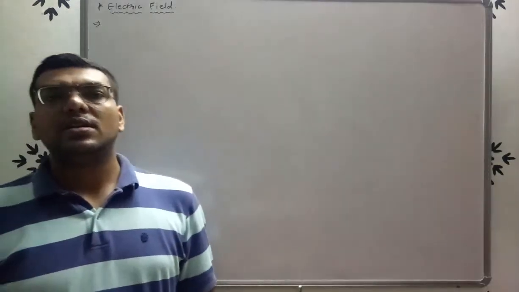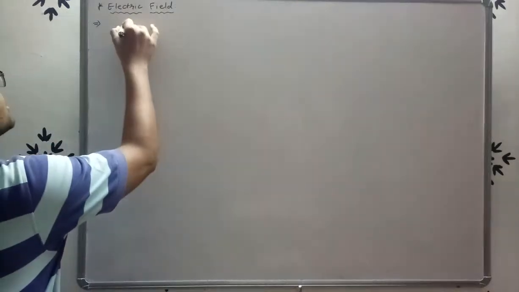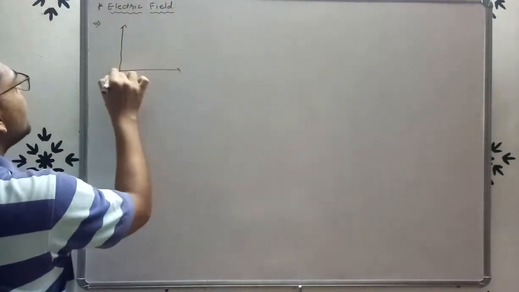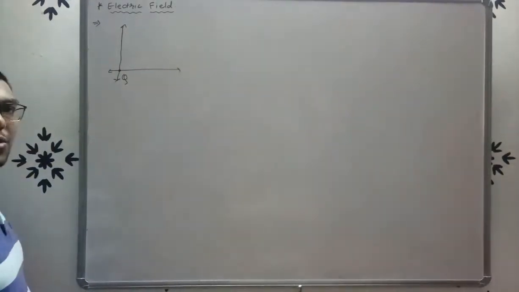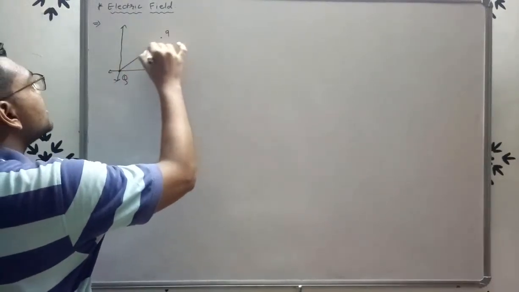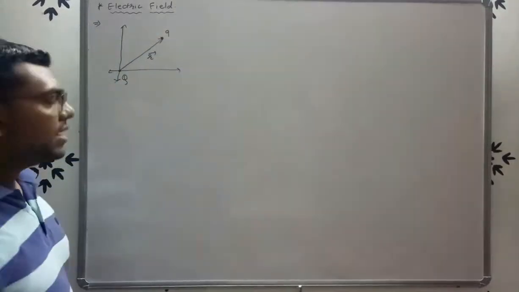Now, to understand electric field, here we placed a capital Q charge at the origin, and a small q charge at a distance r, right?